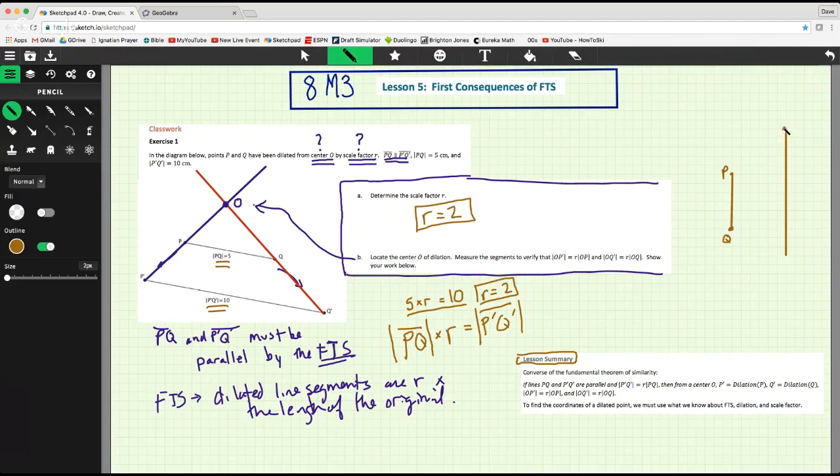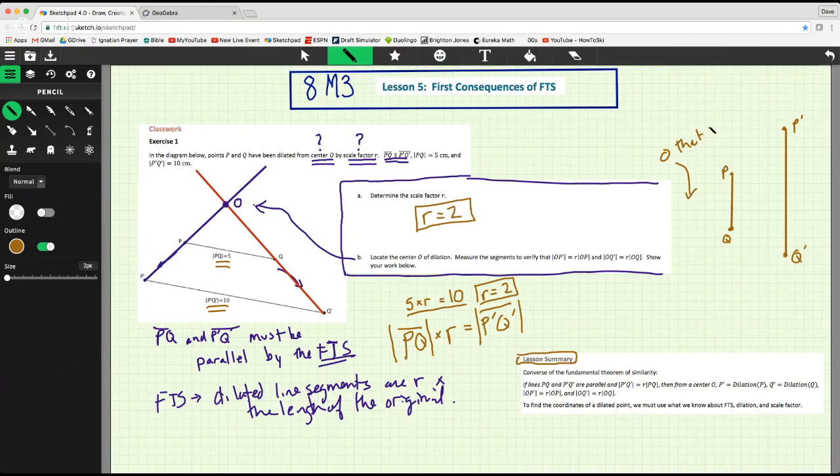Sorry, what it's saying is that if we have two lines that are parallel, and P prime Q prime is R times longer than this line, and we've dilated, then there is a point O out here somewhere.